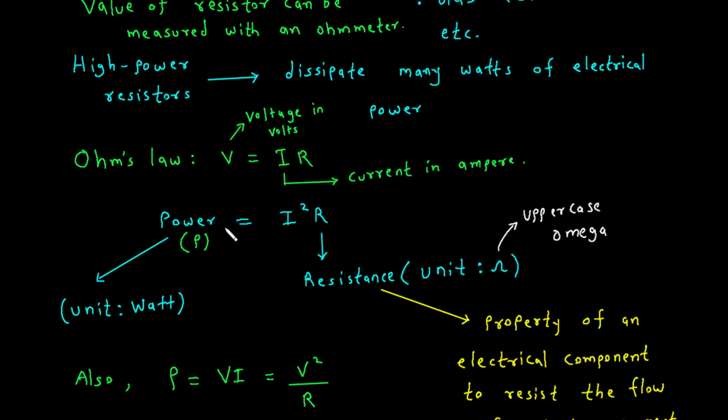Then power is equal to I square R. This I square R is the heat. Power is represented by P and the unit of power is watt. Here this R is the resistance and its unit is omega. This is called uppercase omega.